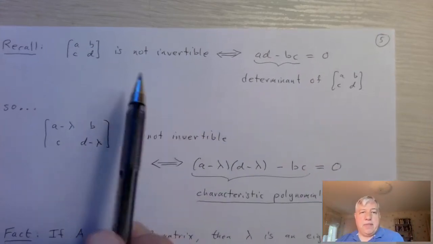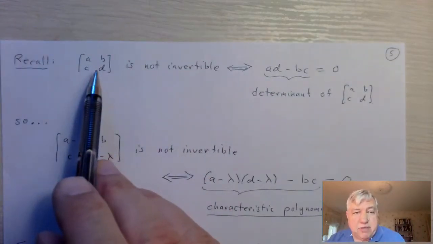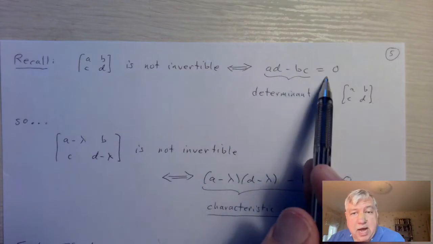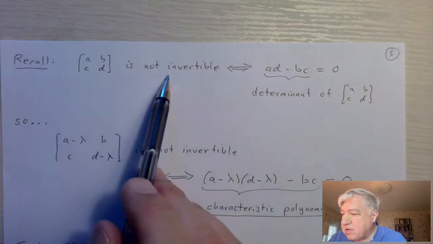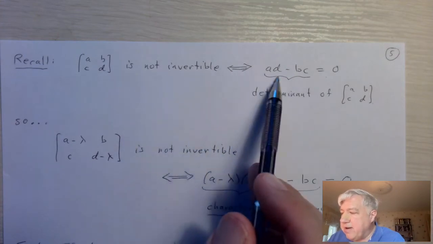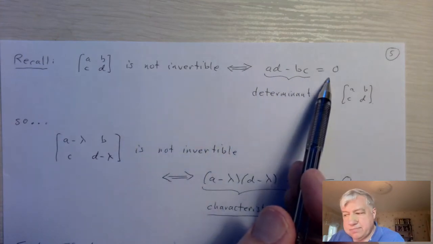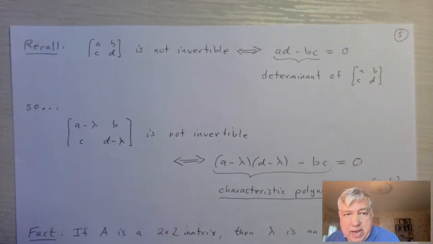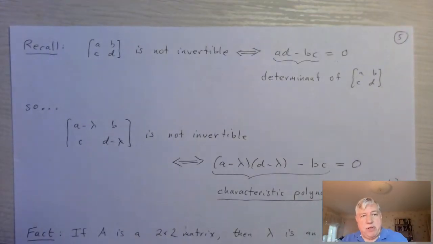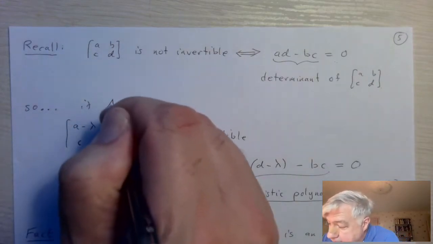We say that this matrix is invertible as long as this determinant is not 0, and the flip side says that the matrix is not invertible if and only if the determinant is 0.